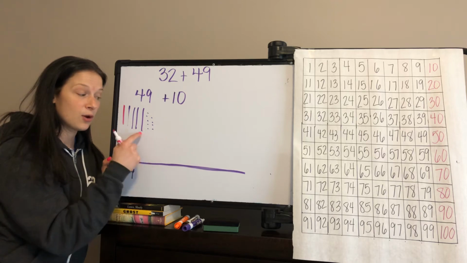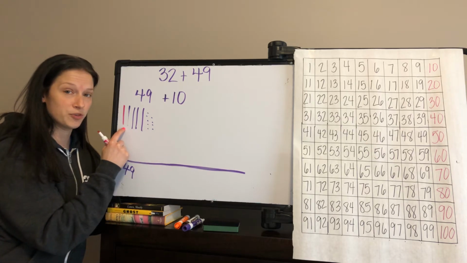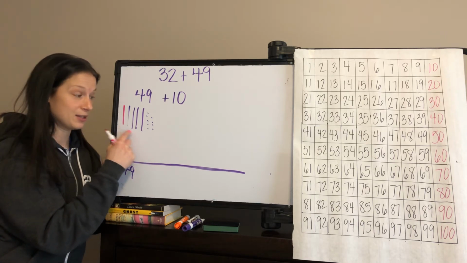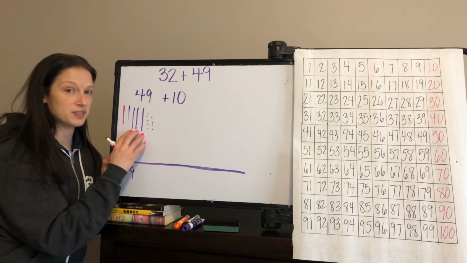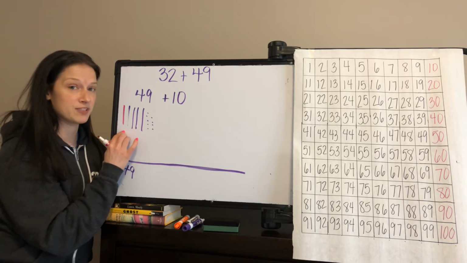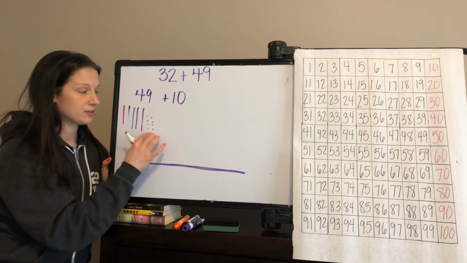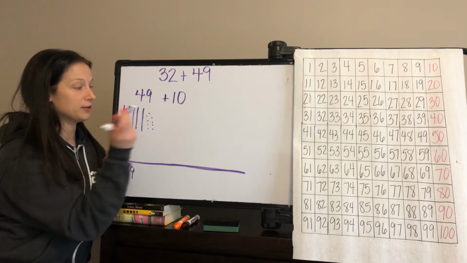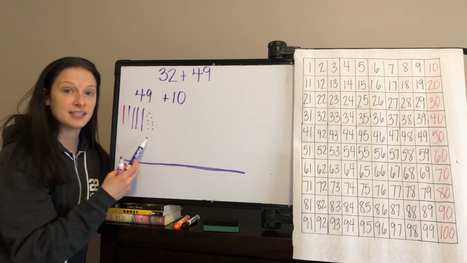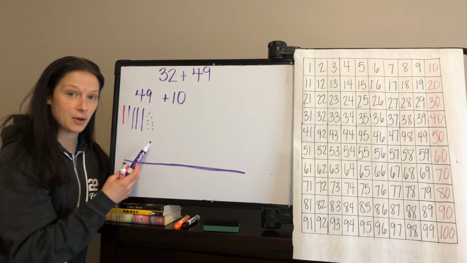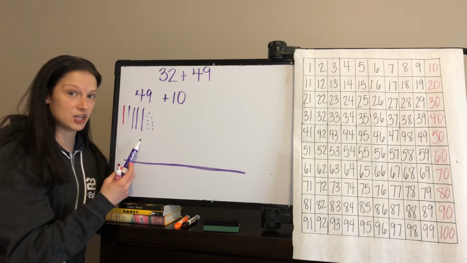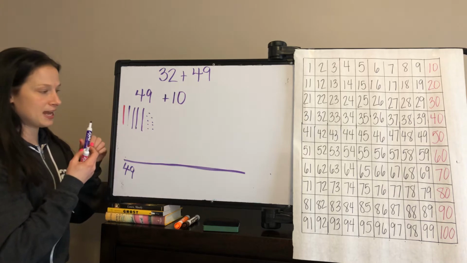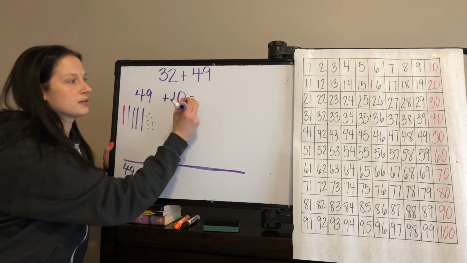No. The only thing that changed when I added a group of 10 was the number of groups of 10. I used to have 4 groups of 10, and now I have 5 groups of 10. This number is not changing, unless you erase something with your finger. Just the tens place is changing. So 49 plus 10, we get to 59.